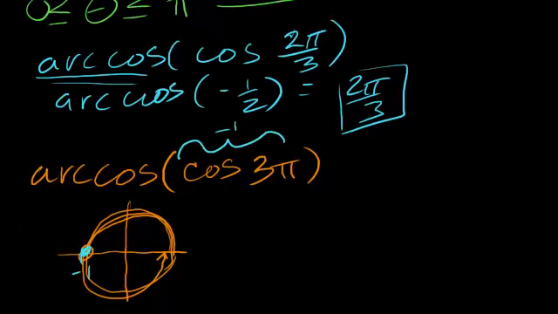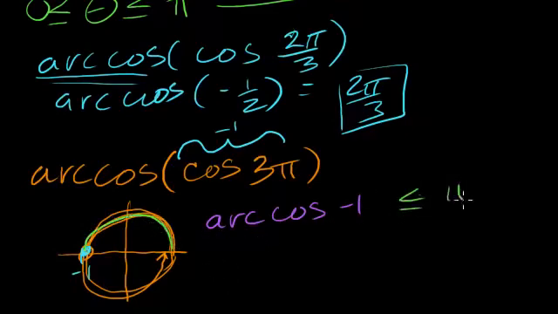So what's arccosine of -1? Well, remember, the set of values that arccosine can evaluate to is in this upper hemisphere. It can only be between pi and 0.